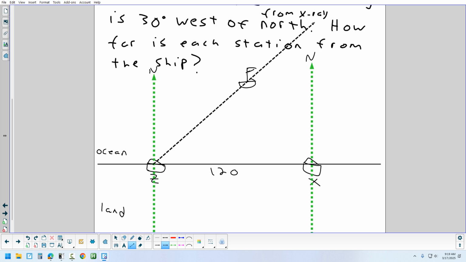If that's the only station that could see the boat, they wouldn't be able to tell you how far away the boat is. They could say the direction, but they don't know if it's 5 miles out, 6 miles, 10 miles. They can't get a gauge on that. But we have a second station that also sees the boat, and that's what those dotted lines represent.